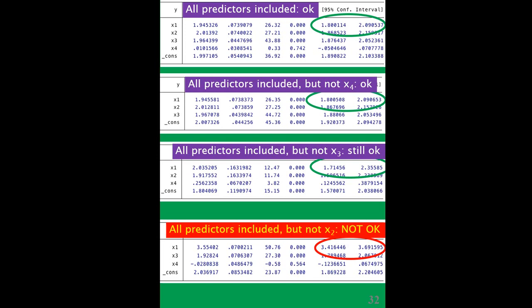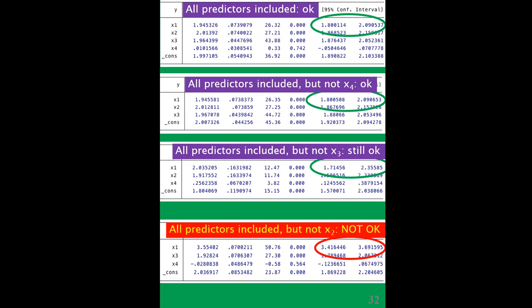You'll see that almost all of them are just fine, and in particular, let's only look at x1 in this case. We have a coefficient of 1.9 and a confidence interval around 2, which is good, because all these coefficients were equal to 2. No trouble whatsoever, but this is still not a good example, because here we are not leaving anything out.